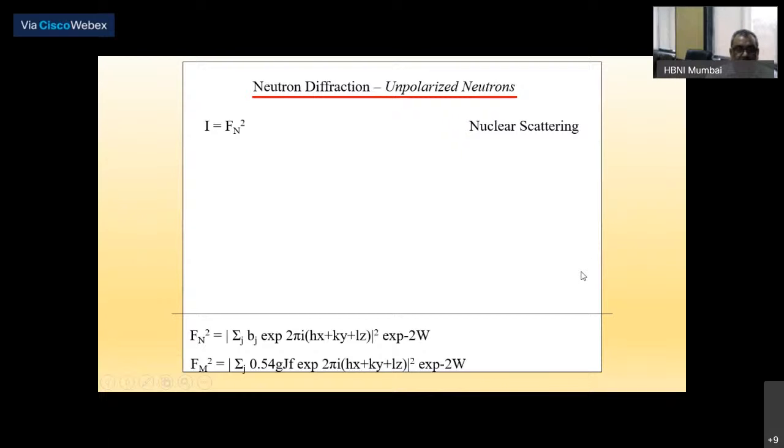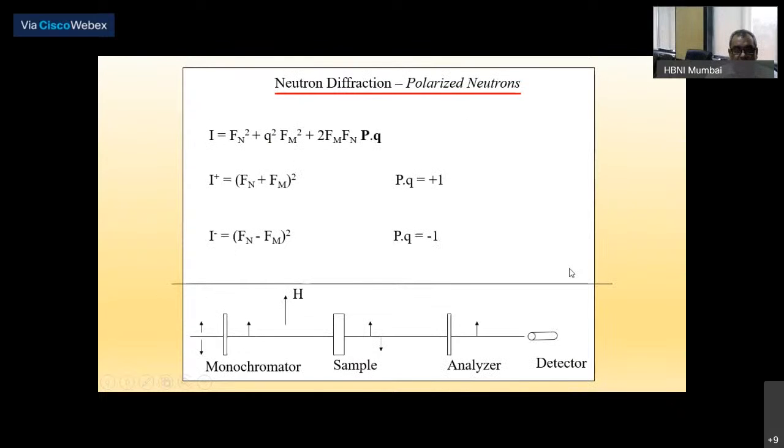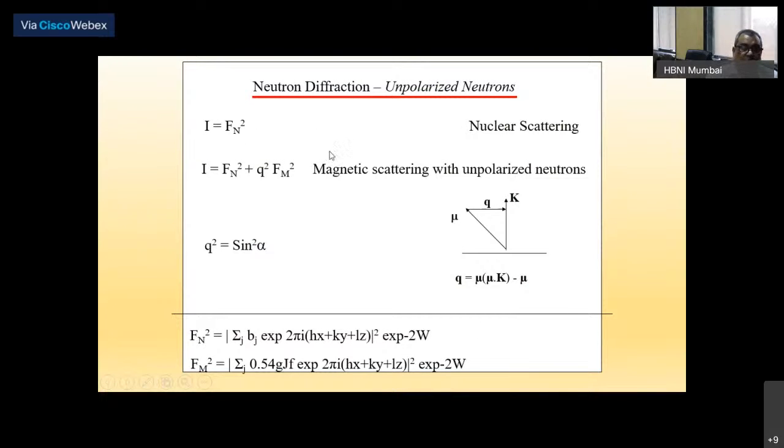With unpolarized neutrons, you do magnetic neutron diffraction, and so you can have pure nuclear scattering. As I told you, we find the sum over e to the power minus i q dot r_j, and the square of that gives you the intensity. In case of a magnetic moment in our sample, this is the nuclear part.